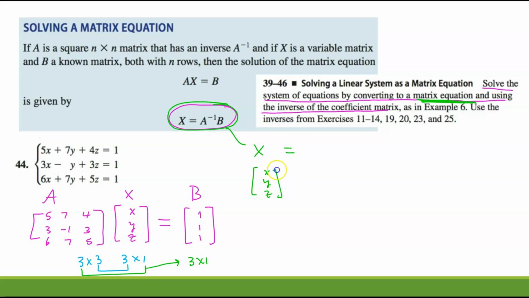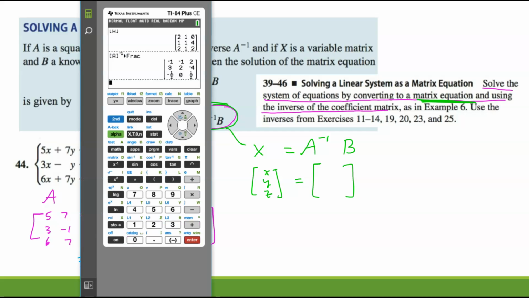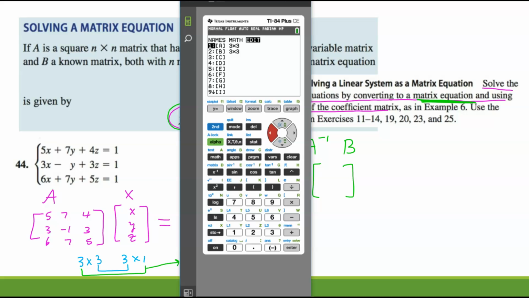Okay, so to get that X matrix, we're going to take A inverse, if it exists. We're going to multiply it by B, and let's see what happens. Okay, so we're going to grab our calculator. Okay, let's clear that. We're going to go second, matrix, edit. We're going to need A inverse, so let's put in matrix A. Matrix A is a 3 by 3.